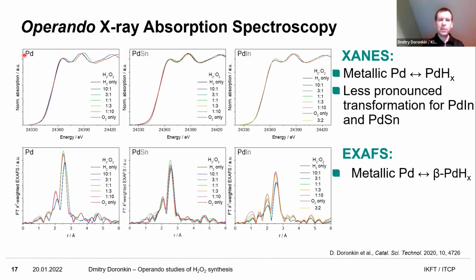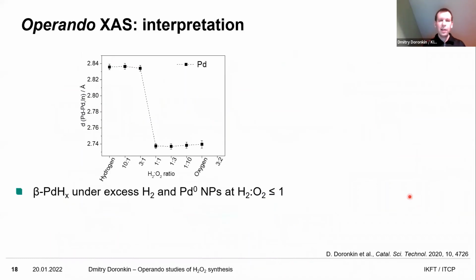The difference between monometallic and bimetallic samples is that the shifts are not so pronounced for the bimetallic samples. So from the XANES, we see shifts and we can attribute them, the shifts between metallic structure and the hydride. We can see they're less pronounced for the bimetallics, and XAS confirms that. Now we can quantify that.